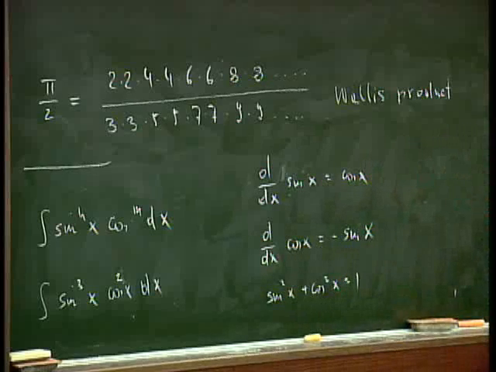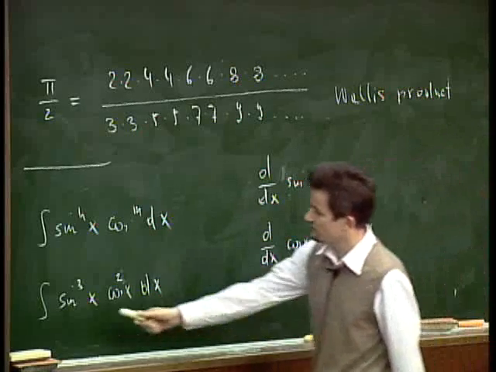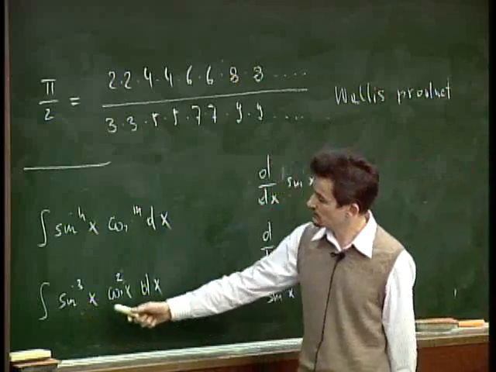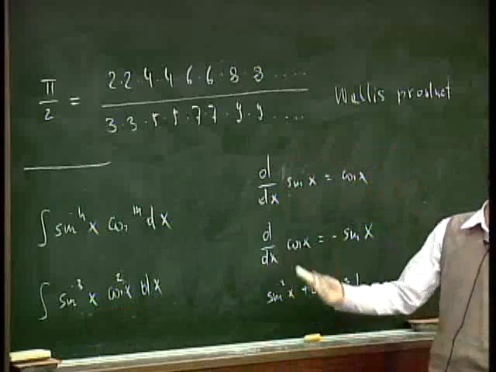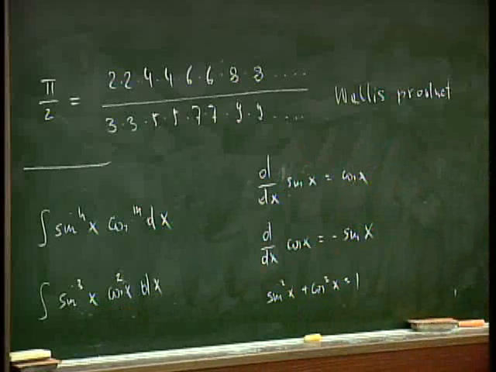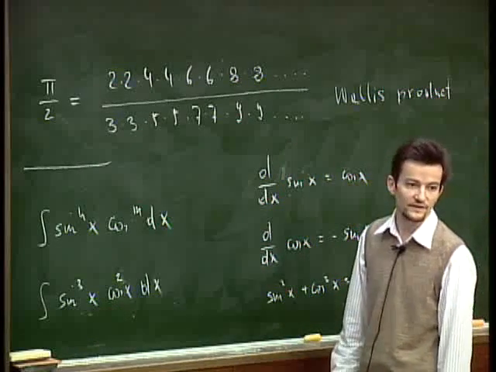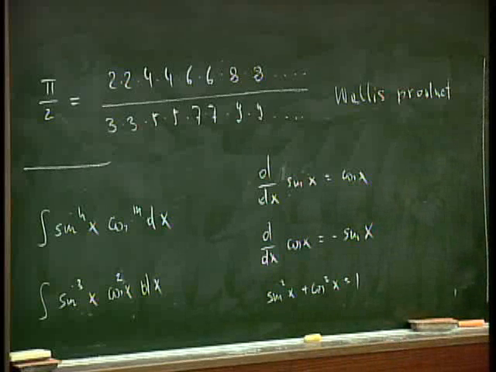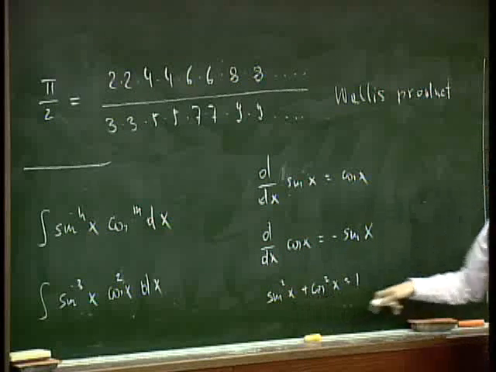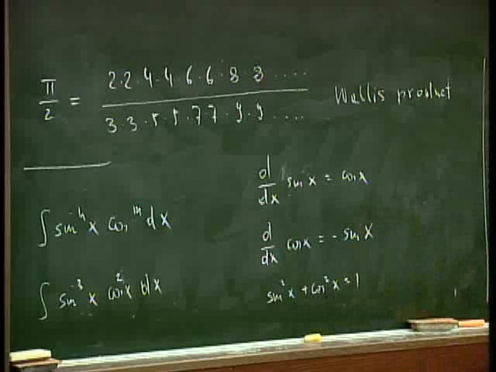This seems to be helpful because you see, if you take out one sine, what remains is sine square of x. And you can use this in order to replace it by cosine. And then you will substitute u is equal to cosine of x. Okay, so if you want to solve this integral, now what remains is sine square of x, but sine square of x is 1 minus cosine square of x.